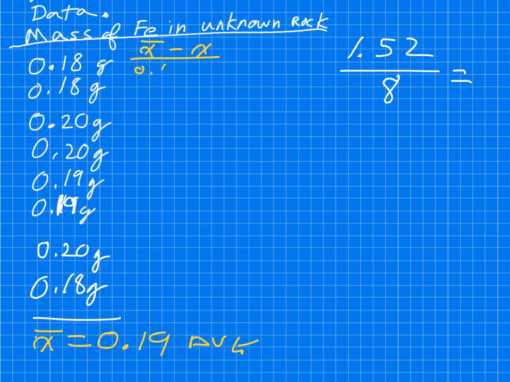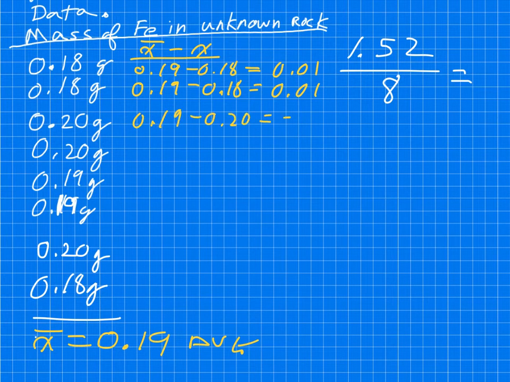So 0.19 minus 0.18 equals 0.01, 0.19, 0.18, 0.19 minus 0.20 equals negative 0.01.